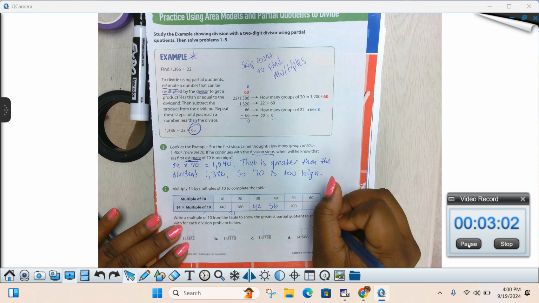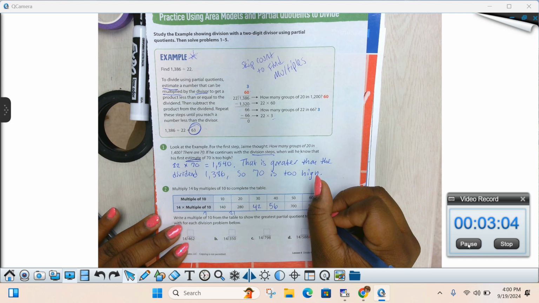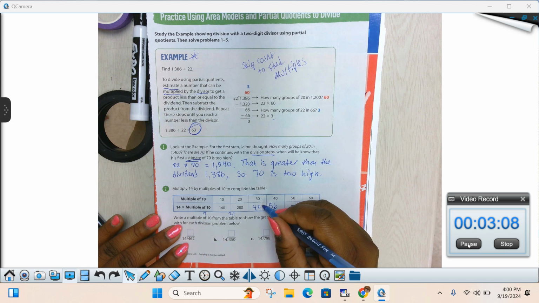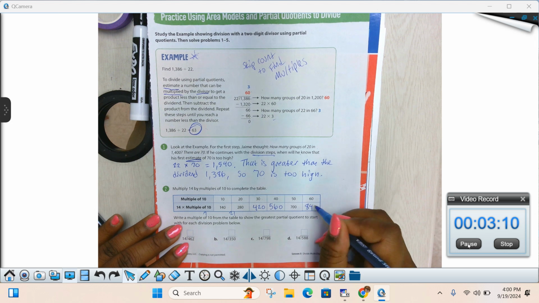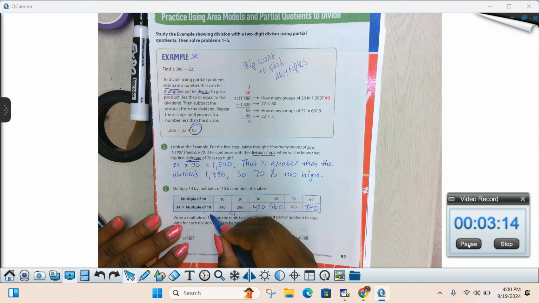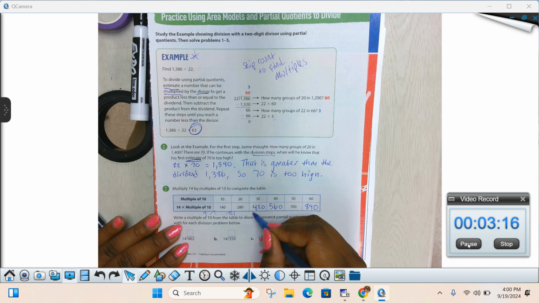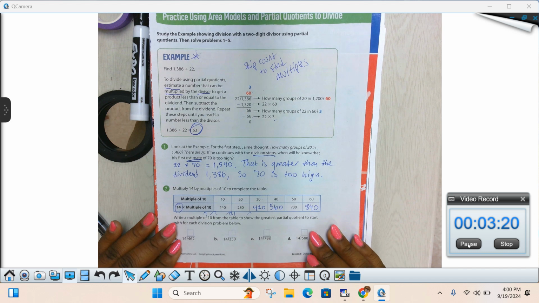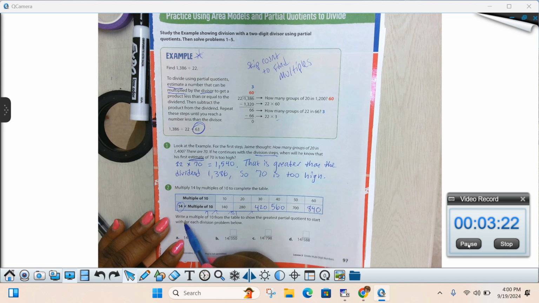And then 70. And then finally 84. Now, since these have zeros behind them, we'll put a 0 behind my numbers. Again, I am just doing multiples of 7. These are just doubles. We're doing 14. Well, that was easy.